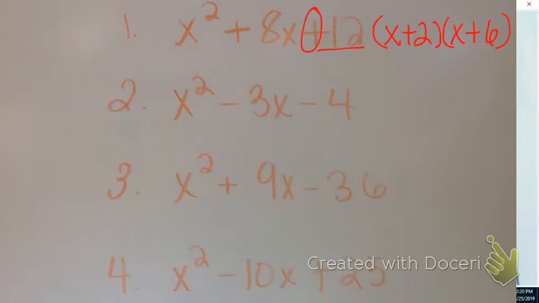So let's look at the last one as well. So with 25, 1 times 25 is 25 and 5 times 5. We're trying to get 10 and it says a plus, so it's got to be 5 and 5, right? Okay, this one's tricky though because it's got to be a negative 10 instead of a positive 10. So what you do to make it be negative when you add the 2 numbers together is you just make both of them negative. So it's x minus 5 times x minus 5.